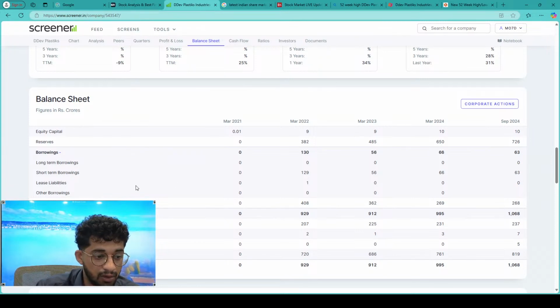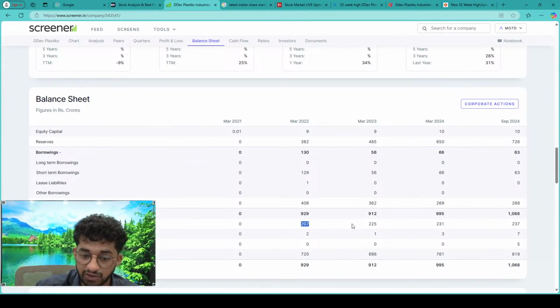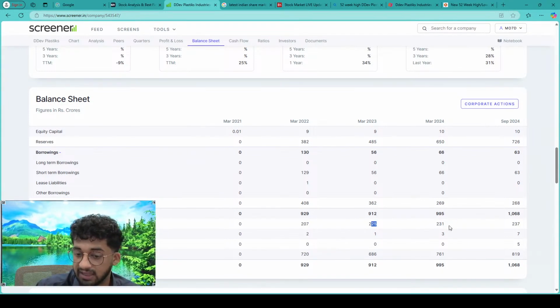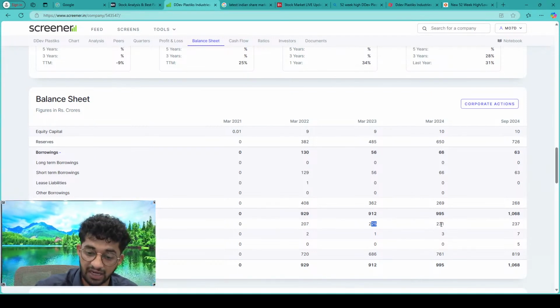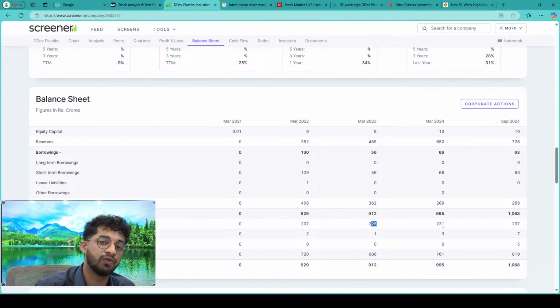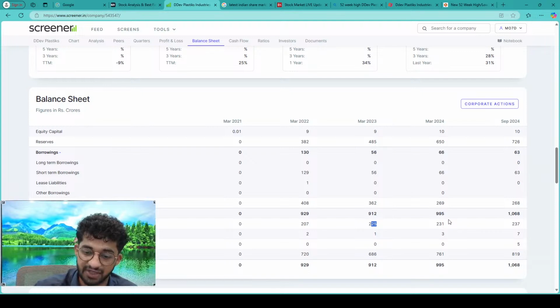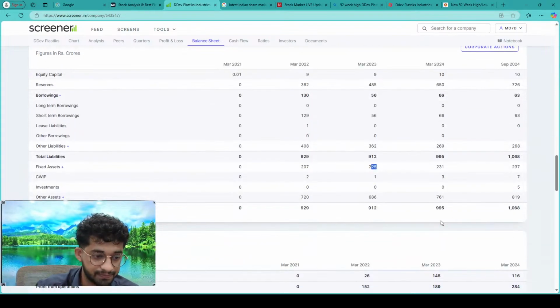They are also doing capex, so they have done capital expenditure here after 2022. It is a lesser amount, but they have been doing it consistently, and they have followed whatever they had said in the transcript. So it is a very good insight for the company's growth.